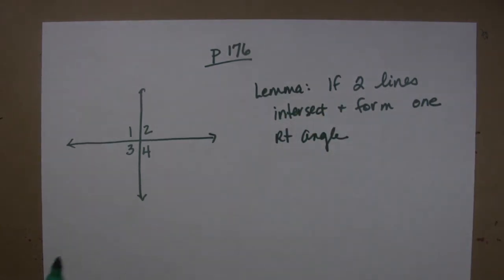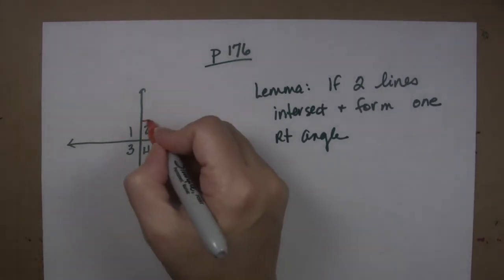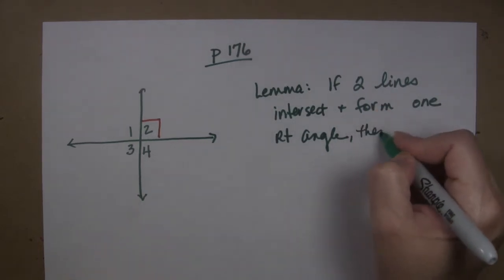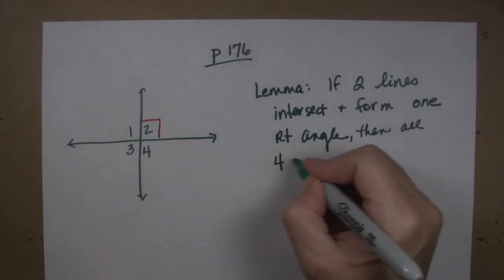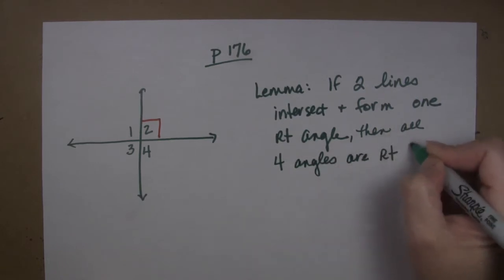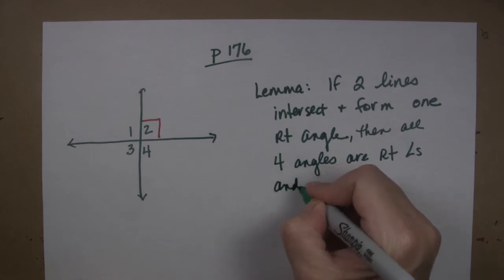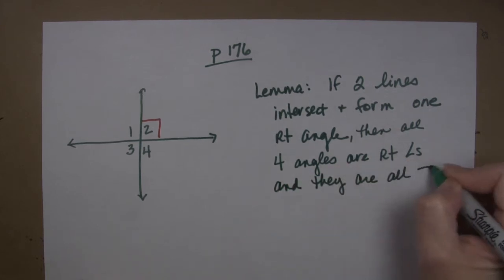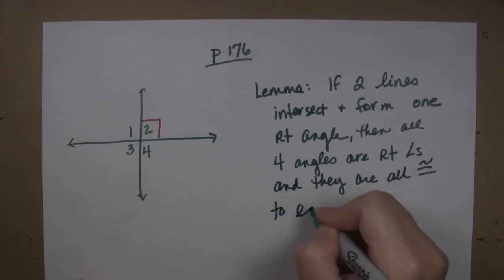So we'll say that this one right here is a right angle. And if we form one right angle, then all four angles are right angles, and they are all congruent to each other.